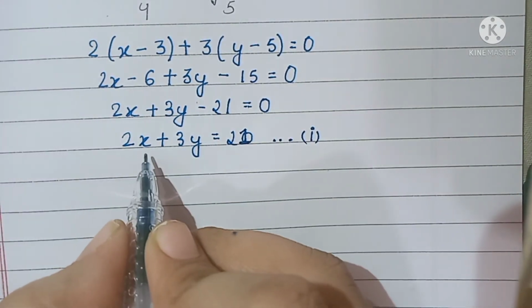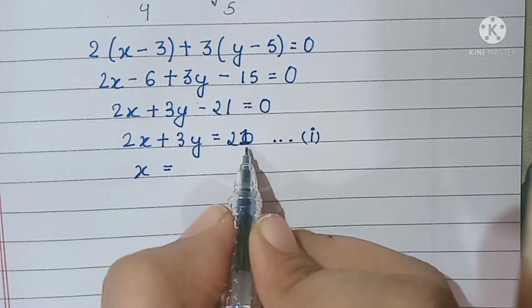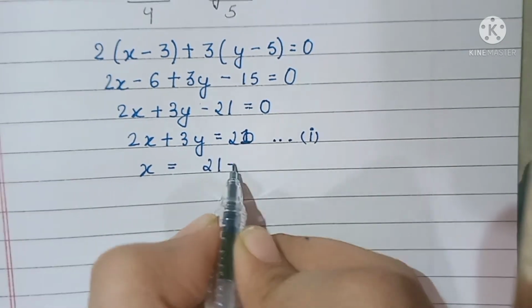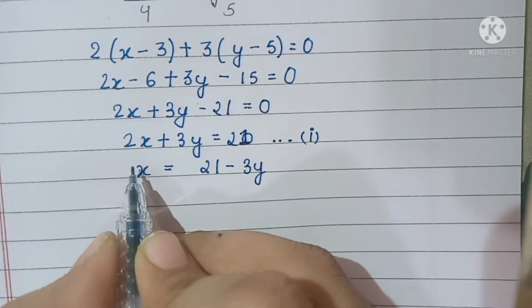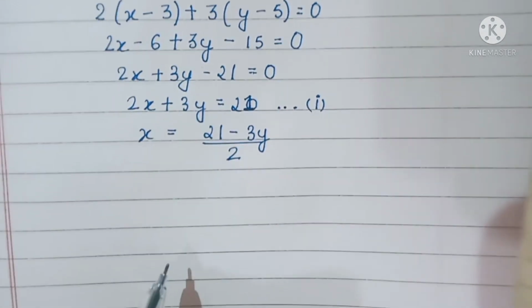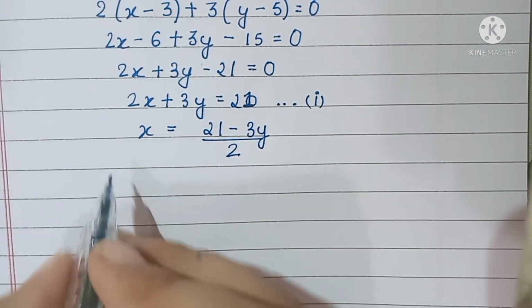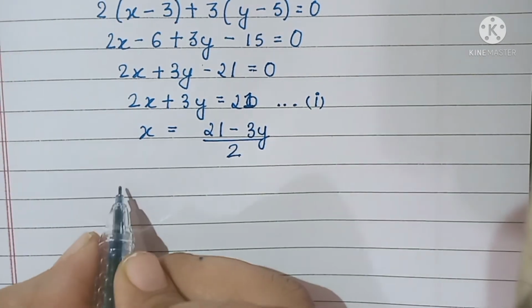And now we will find the value of x. Plus 3y will go to that side in minus, 21 minus 3y, and 2 will go in division. So the value of x is (21 minus 3y) upon 2. Now we will solve the second equation.